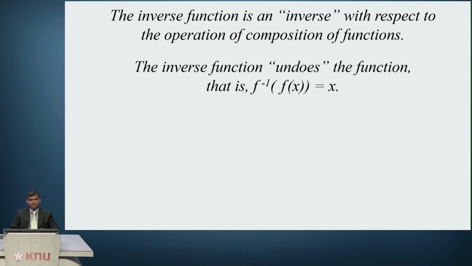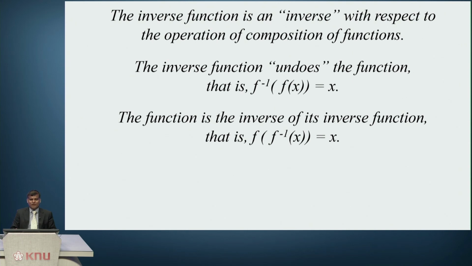And again, to talk more about the inverse function, the inverse function undoes the function. That's the basic idea. If your function is to multiply by 2, your inverse function is to divide by 2. You are undoing the whole thing. So f inverse of f of x is x. A function is the inverse of its inverse function, so f of f inverse of x is x.